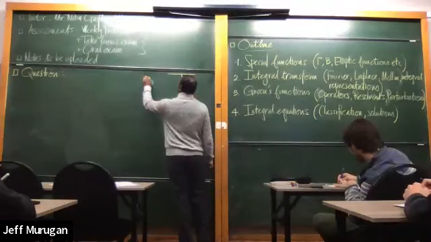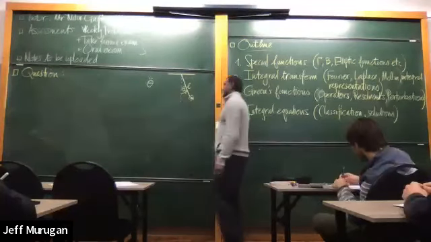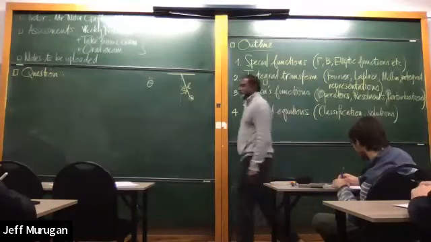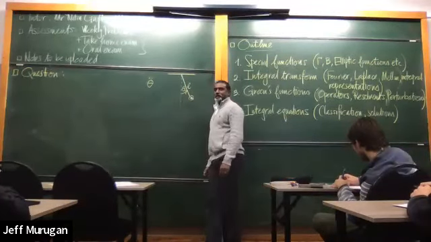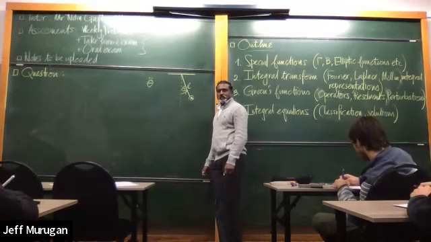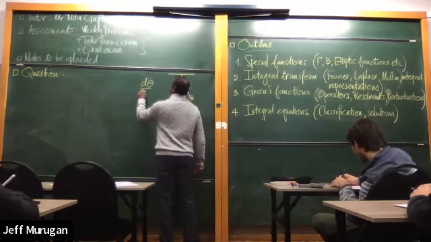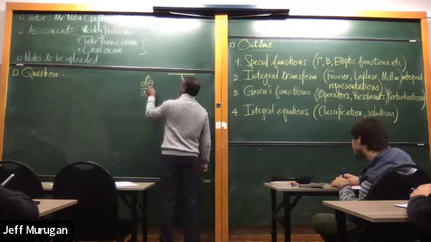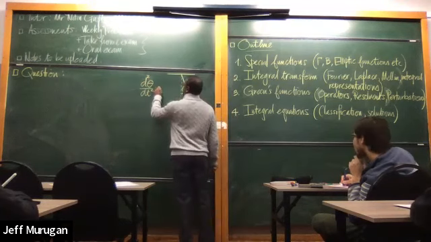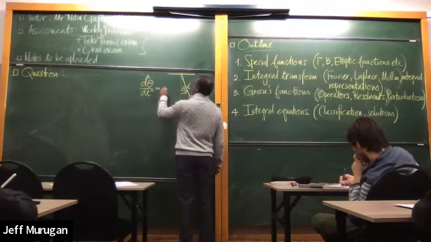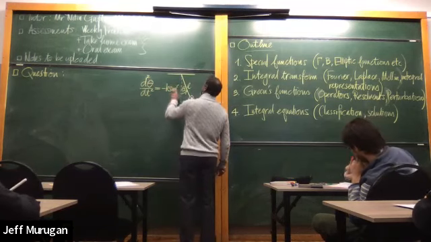So Newton's law for this pendulum problem tells me that the angular acceleration of the pendulum, the second derivative of theta with respect to time, is minus some constant times sine of theta.